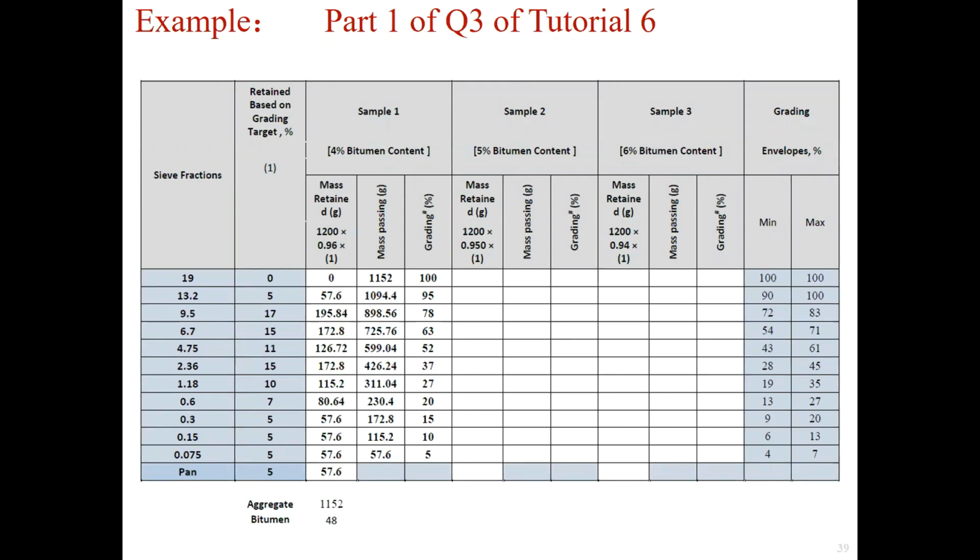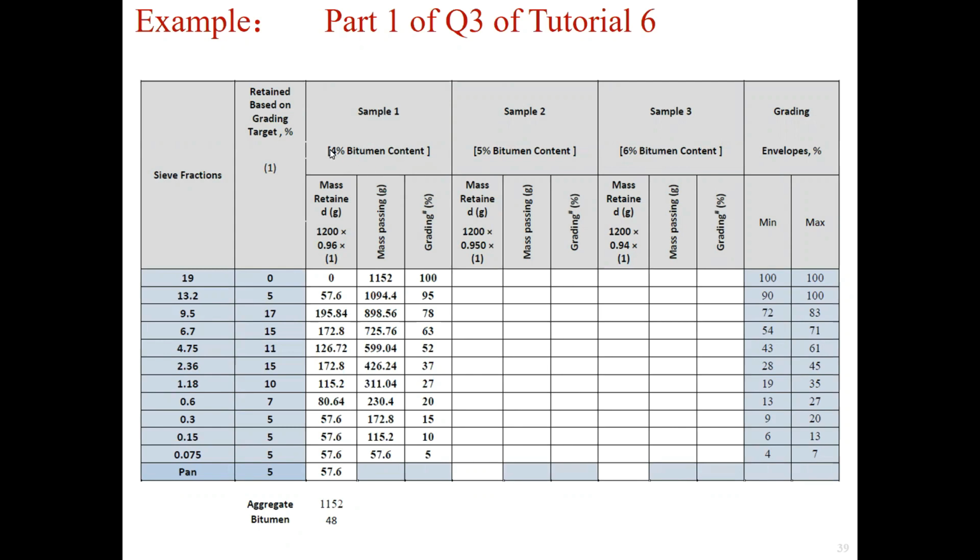For aggregate grading calculation, we could have a better understanding of the calculation process from the example in tutorial 6. In this table, we have 3 samples with bitumen content of 4%, 5%, and 6%. The sample weight is 1,200 grams.